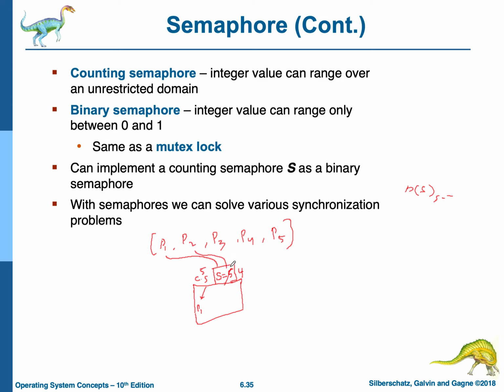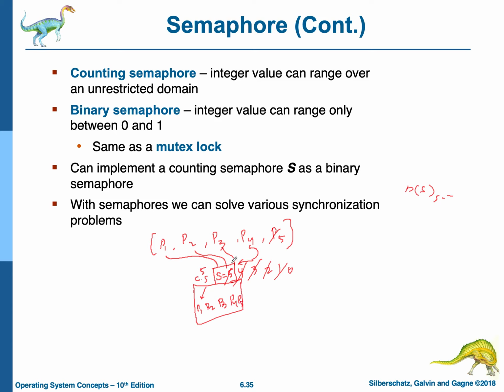Now if P2 comes, then again this will be decremented to 3 and P2 will be allowed. As P3 comes, this will be decremented to 2 and P3 will be allowed to enter into the critical section. On the arrival of P4, this will be decremented to 1 and P4 will be allowed. Now on the arrival of P5, this will be decremented to 0 and P5 is allowed.